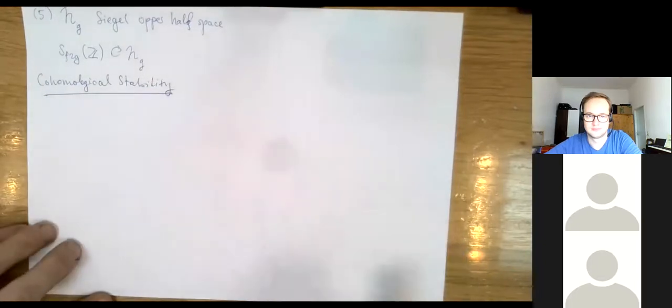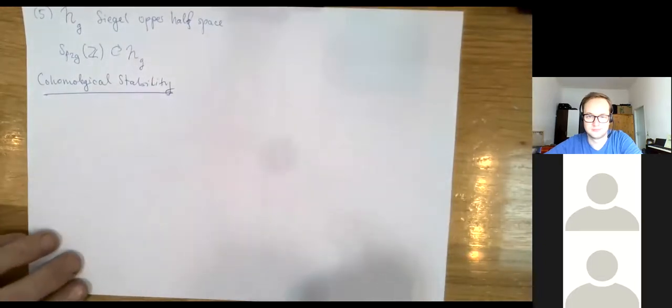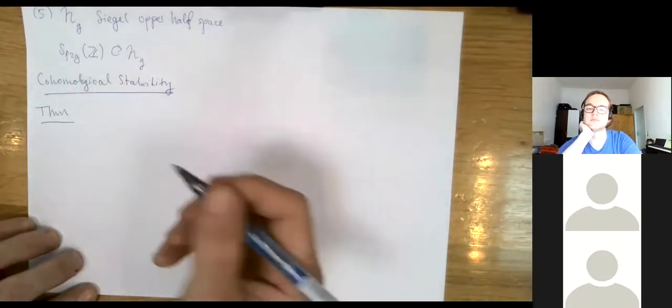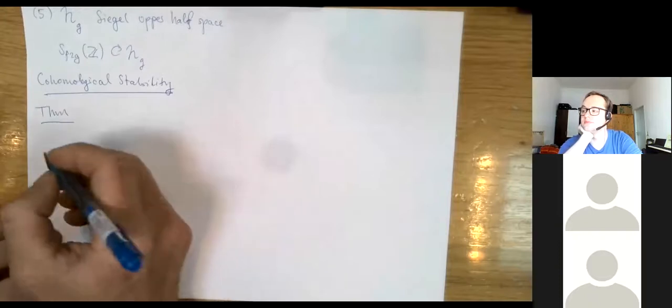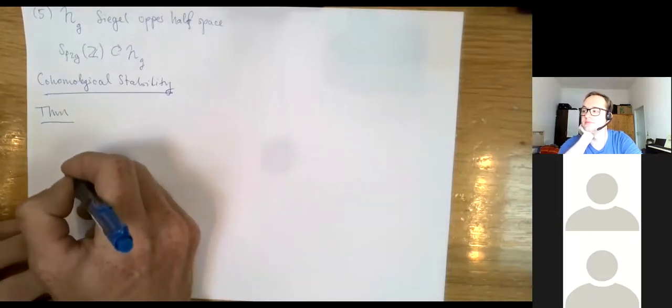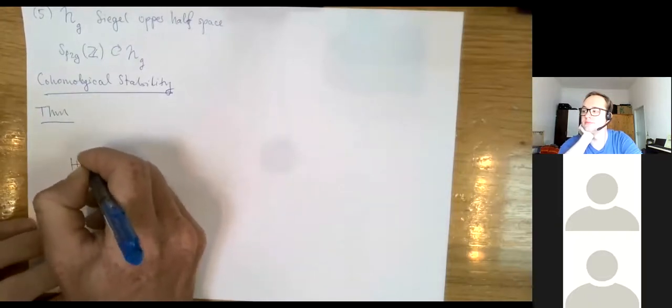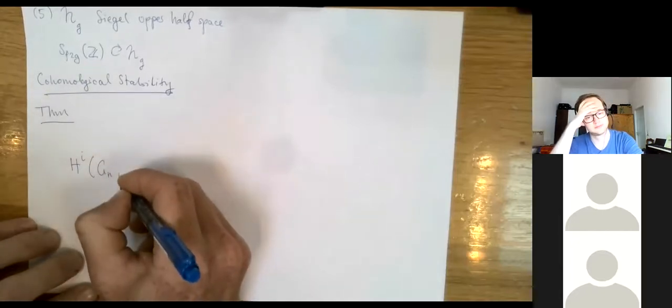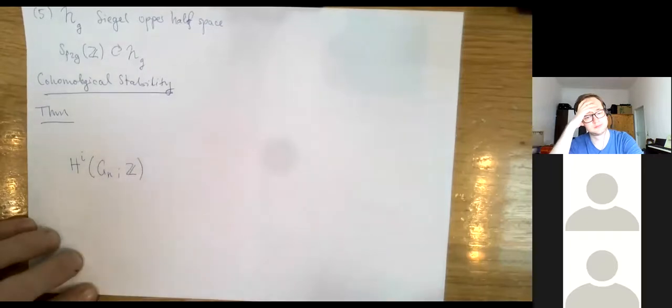And so for these groups that I considered here, we have cohomological stability, and that means that I'm going to write H^i(G_n), and this is even true for integer coefficients.